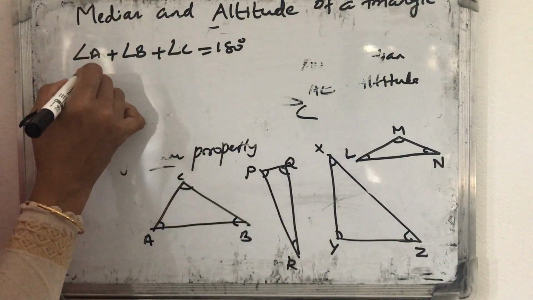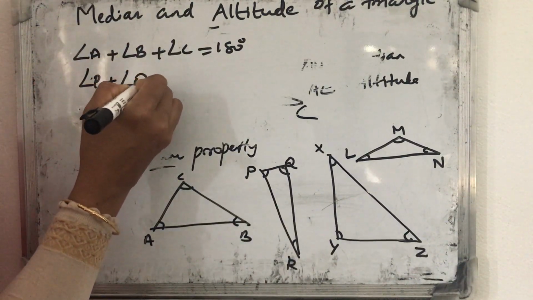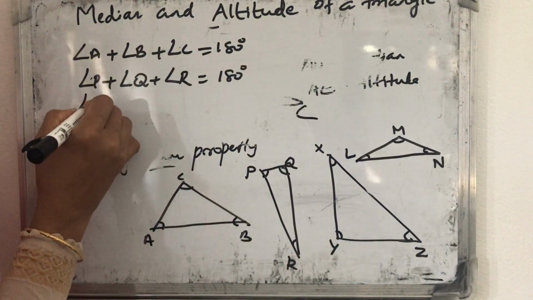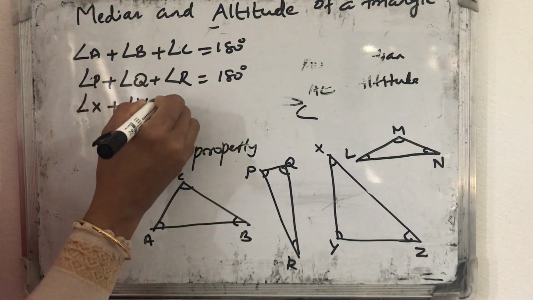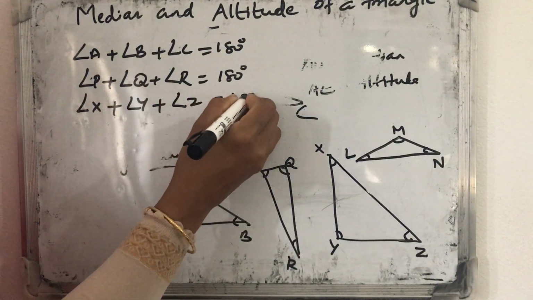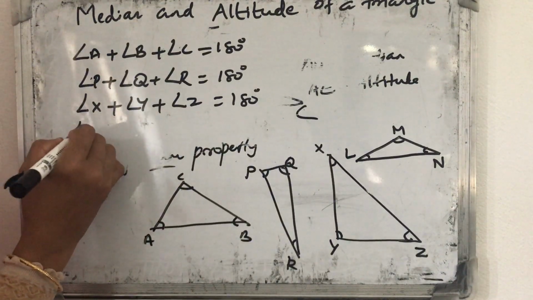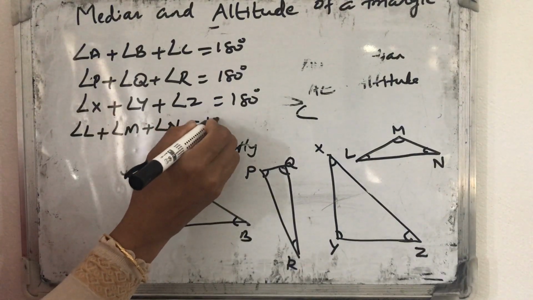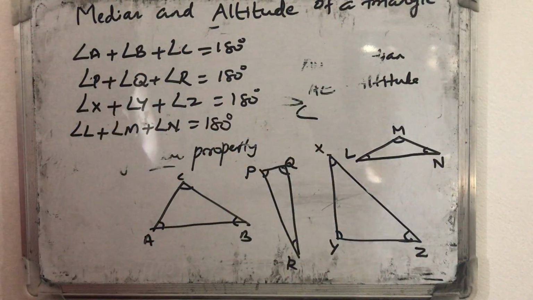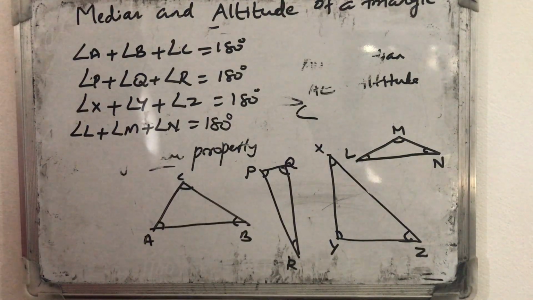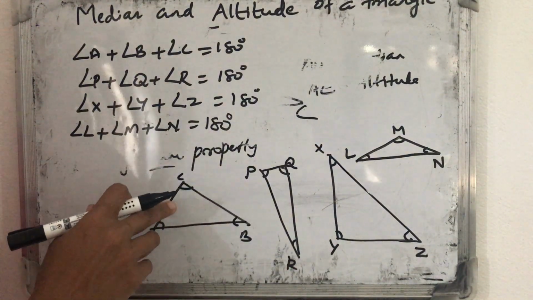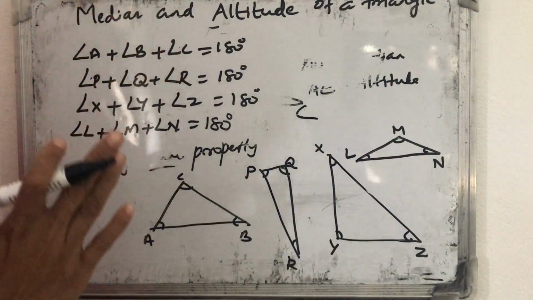In the second case also, angle P plus angle Q plus angle R is 180 degrees. Then angle X plus angle Y plus angle Z is equal to 180 degrees. In this case also, angle L plus angle M plus angle N is 180 degrees. So this is one important property, the angle sum property of a triangle. When we take the sum of the 3 angles of a triangle, its sum will always be 180 degrees.